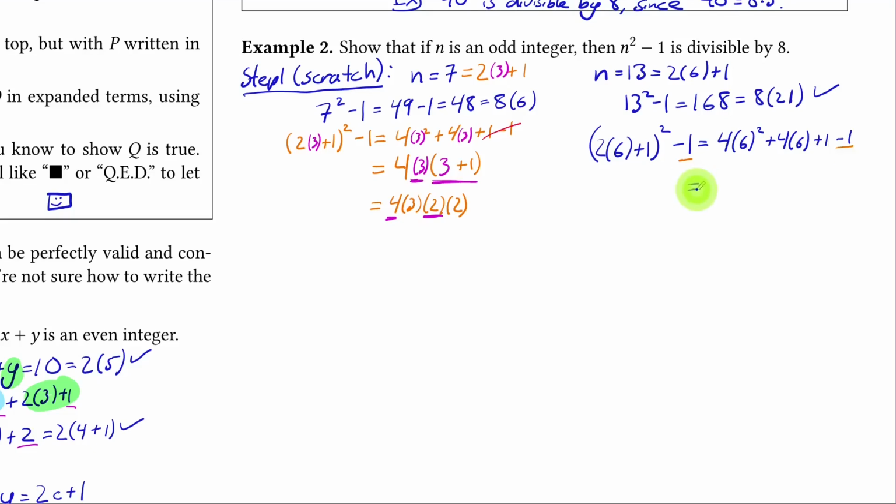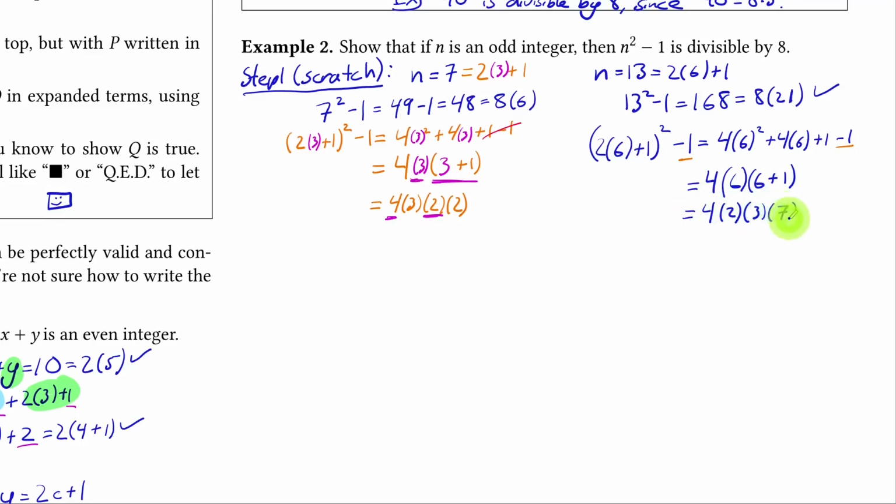And then, oh yeah, we can see we can factor out a 4, and then we have a factor of 6 between these, and then another 6 plus 1 after you factor that out. And now I can see that 6 is an even number, which means that has a factor of 2. So that gives us a factor of 8. So now I'm getting the idea, and we can start the proof.